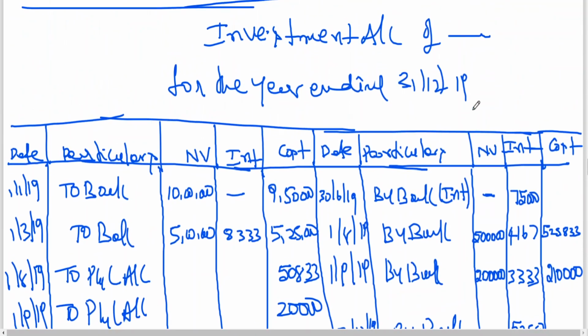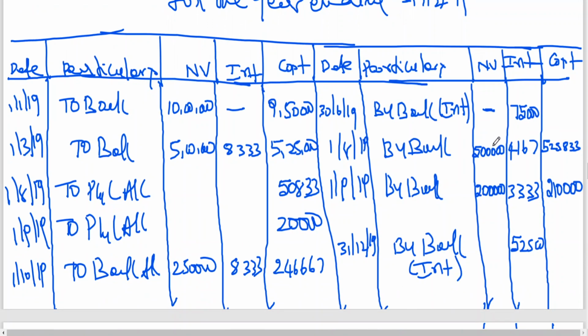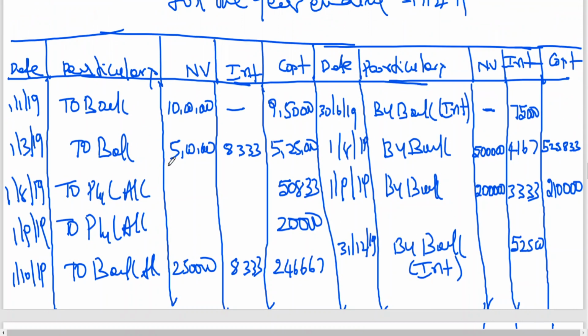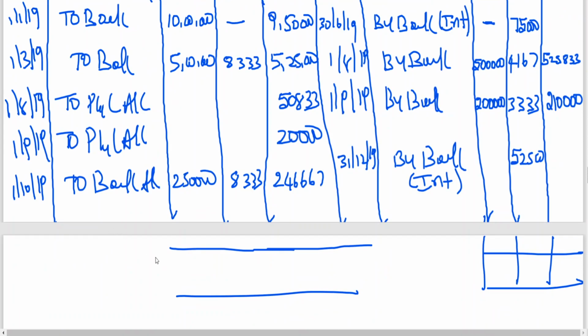You can see first nominal value column: 5 lakhs plus 2 lakhs, 7 lakhs. Debit side: 15 lakhs plus 2 lakh 50,000, 17 lakhs 50,000. 17 lakhs 50,000 minus 7 lakhs. Ten lakh 50,000 is the closing balance.